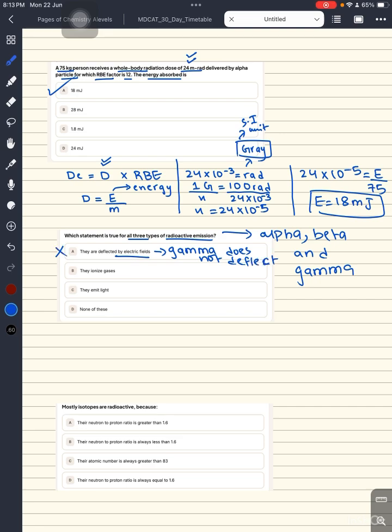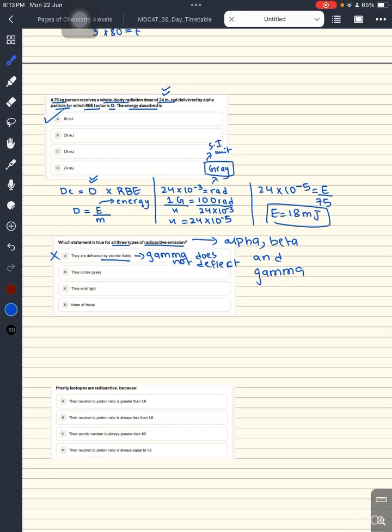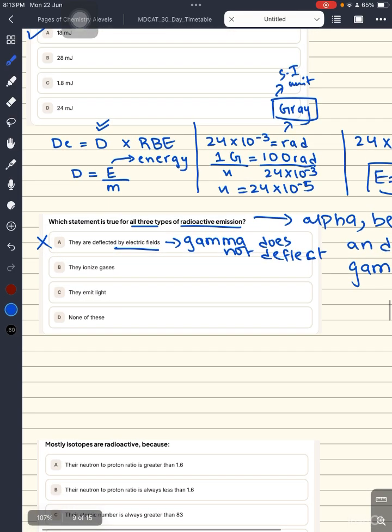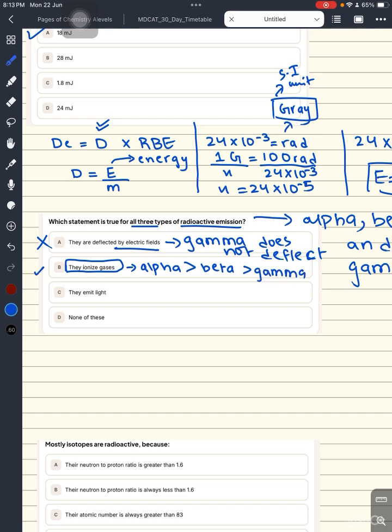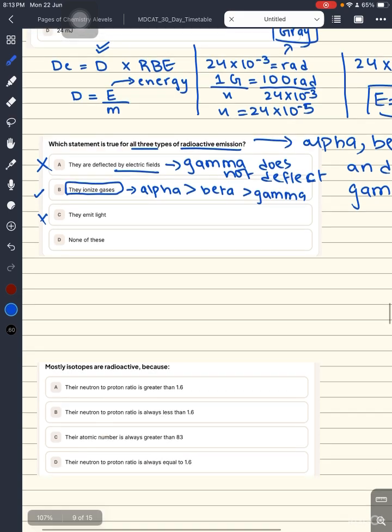Option B: they ionize gases. We know that all three ionize gases. Which ionizes the most? Alpha, then beta, then gamma. So the correct option will be B, but let's read C and D. Do they emit light? No, they do not. And none of these. We know that B is correct.